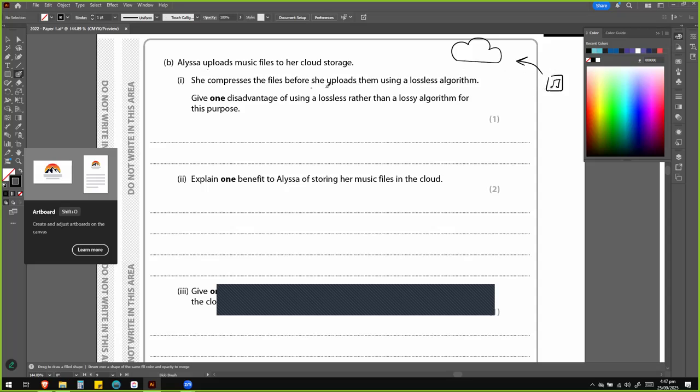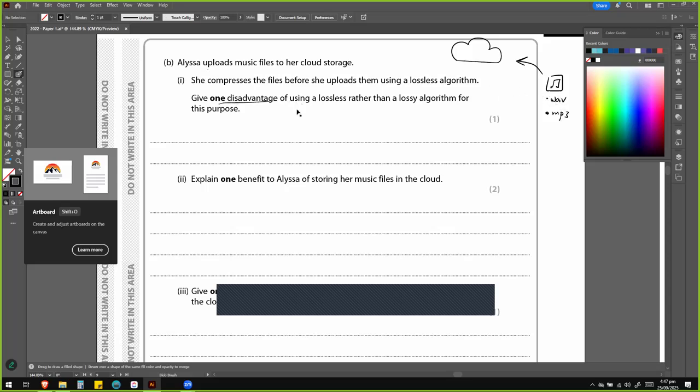Now the problem is that she compresses the files before she uploads them using a lossless algorithm. So basically she's keeping it as a lossless format, like a .wav file, instead of converting it to an MP3, which is a lossy algorithm that reduces the file size. So what would be the issues that she could face?